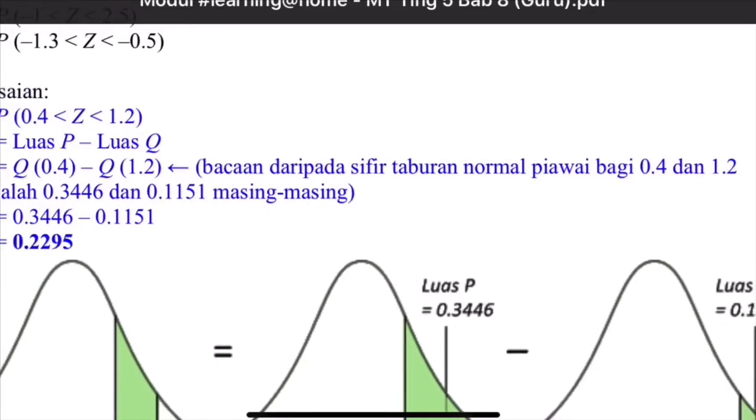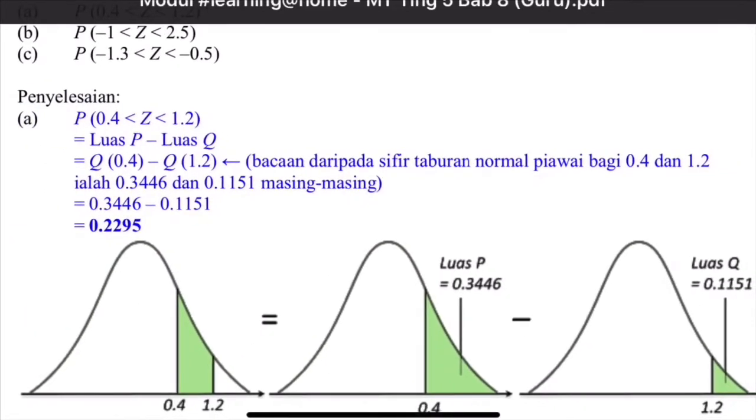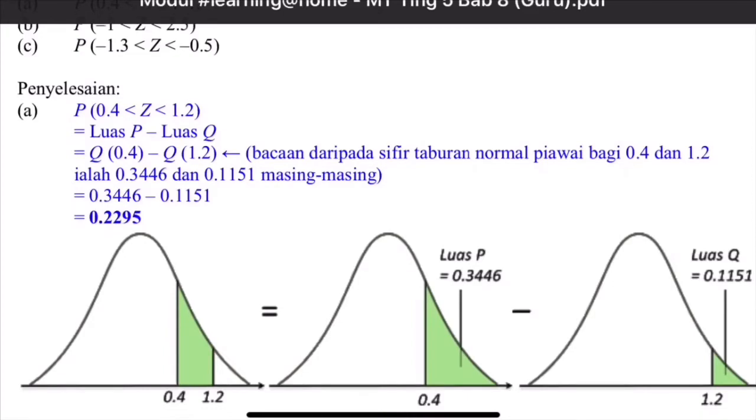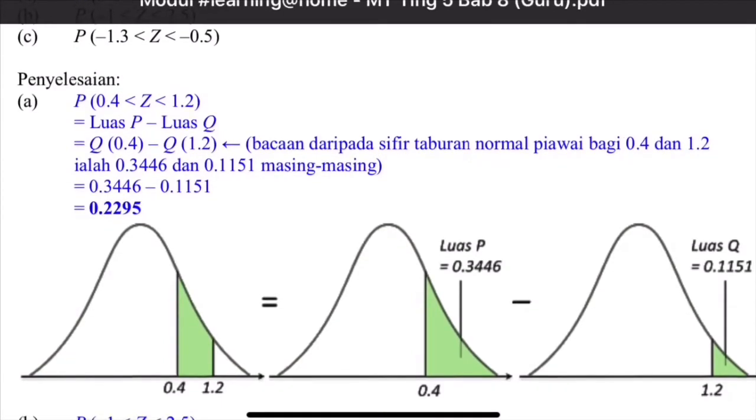It means that the area for z more than 0.4 is bigger, which is 0.3446, and the area for 1.2 is smaller. For z-score more than 1.2 it is just 0.1151. So you find the difference between them, you get 0.2295.